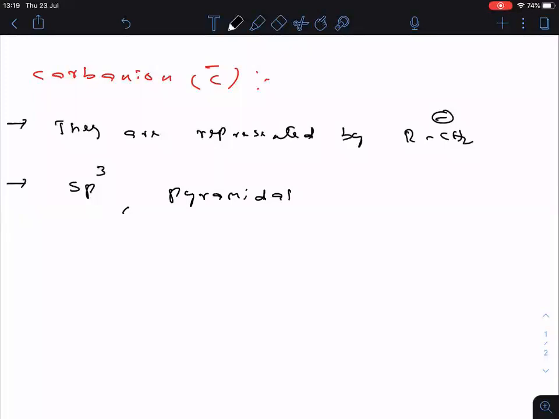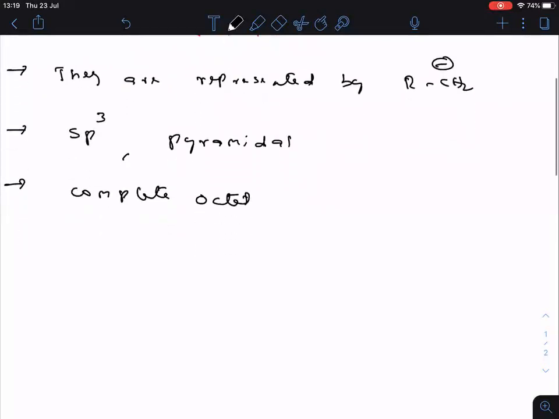Clear, everyone? And remember, everyone, the carbanion has a complete octet. Total 8 electrons are there. It has a negative charge. Negative charge means what? Electron rich. Since it is electron rich, it acts as what? Lewis base.